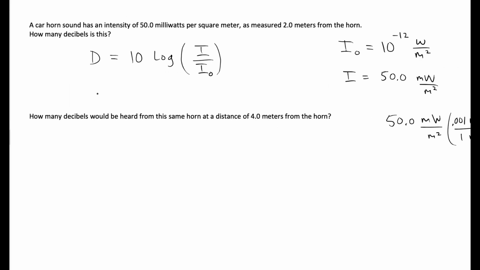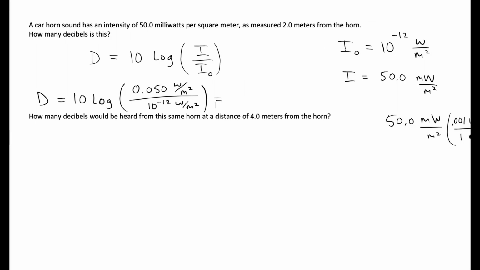All right, what I can do next is plug into the formula. We'll put my 0.050 on top and put 10 to the minus 12 on bottom. And we just have to enter that into a scientific calculator.